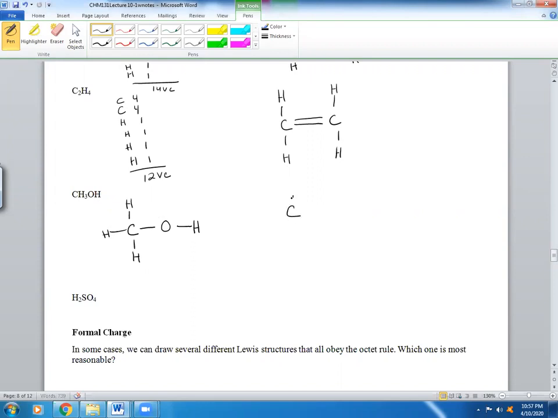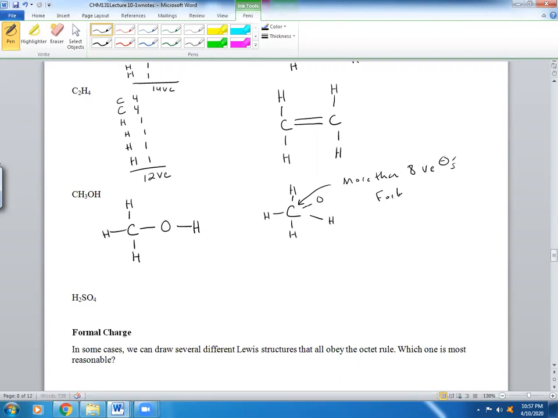So what's wrong with this? You say, okay, well, here's 3 H's, there's an O, and there's an H. Well, the problem with this is that this C has more than 8 valence electrons. And that's not allowed.